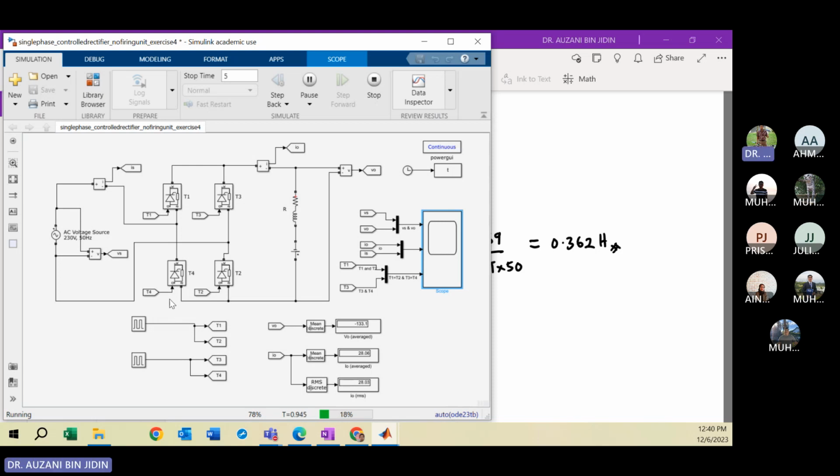Okay, tomorrow's class we start at 8:15, here, BK1. So maybe tomorrow will be the last, and we discuss the 3-phase rectifier, controlled 3-phase. Maybe we can have a revision, guys. Now is week number what? Week 13?